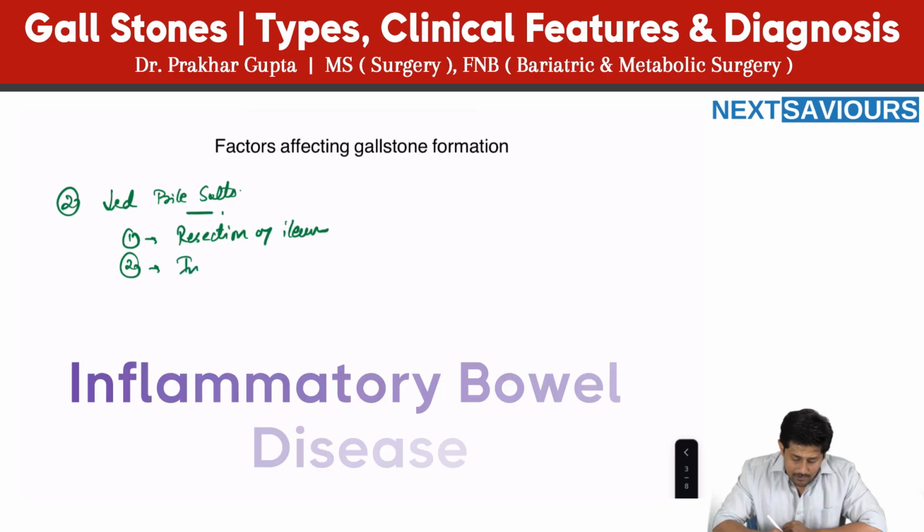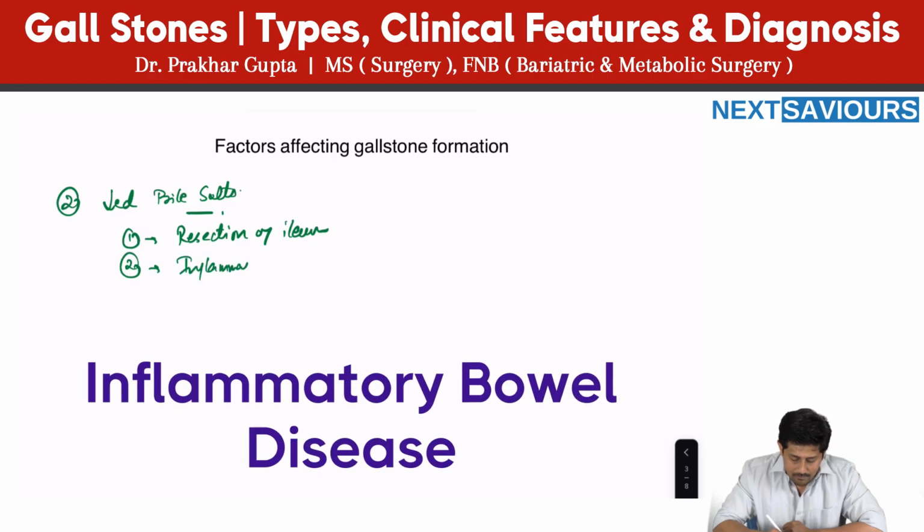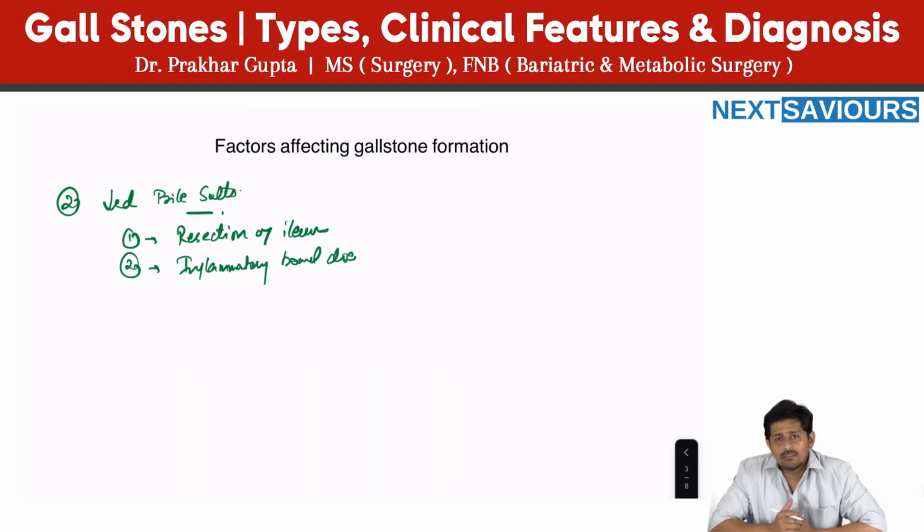Second is inflammatory bowel disease. Inflammatory bowel diseases, we will discuss when we are covering the chapter on colon. Inflammatory bowel disease will lead to poor absorption of nutrients and of course bile salts. So this will lead to a decrease in concentration of bile salts.